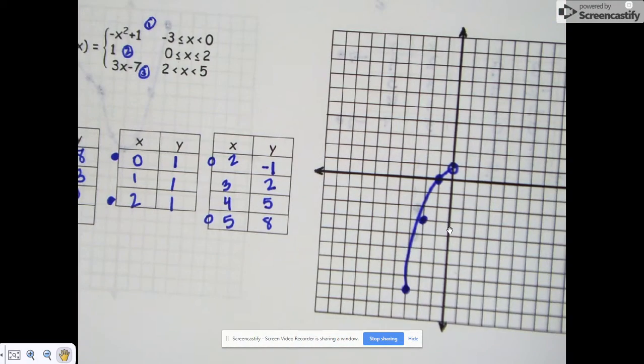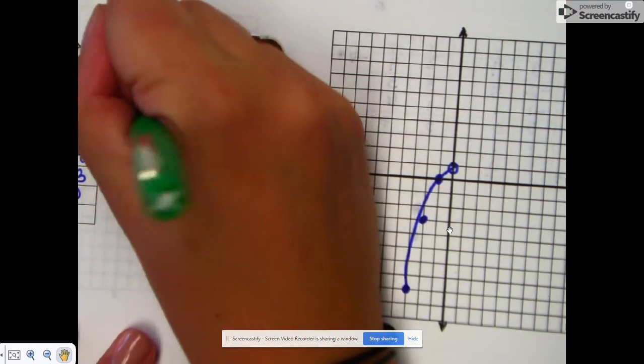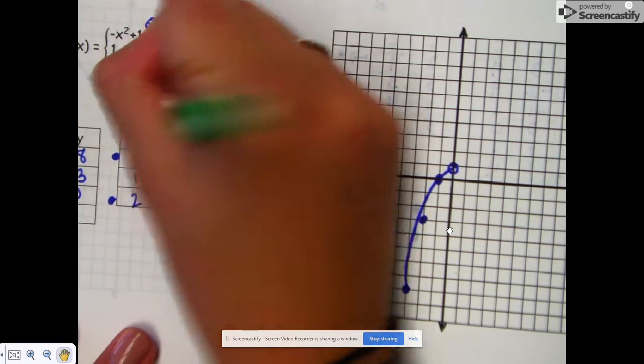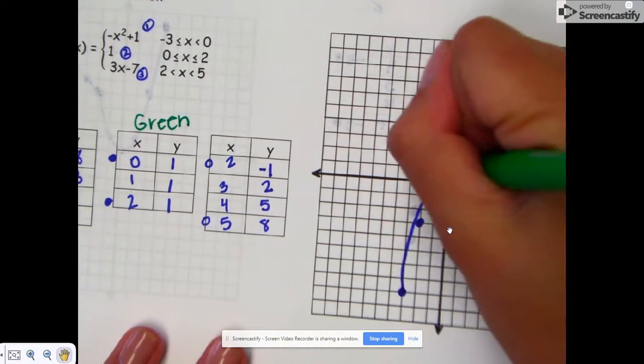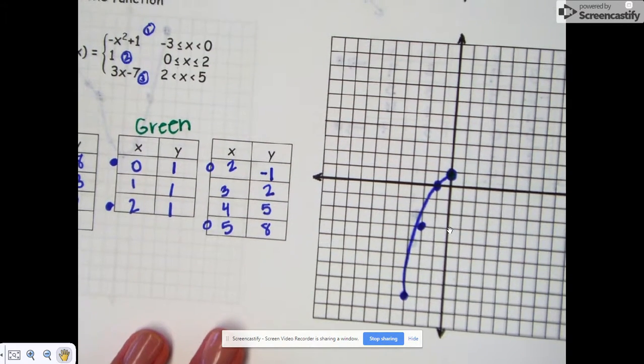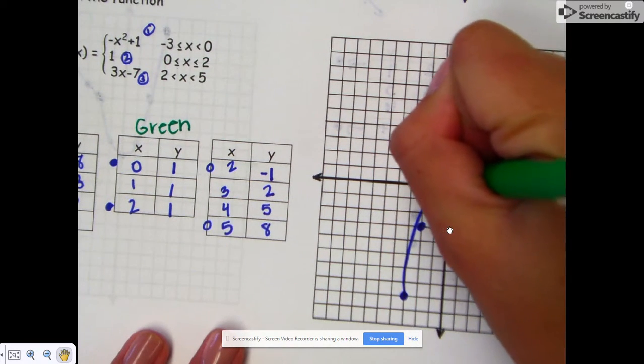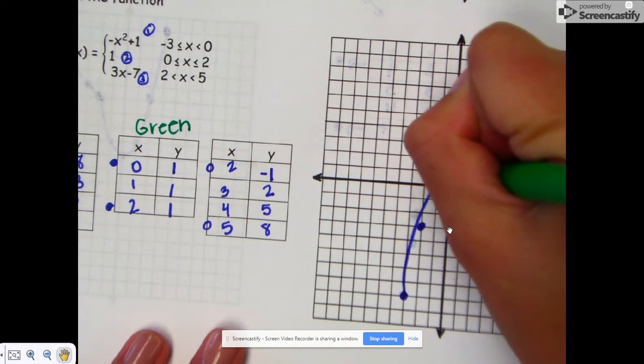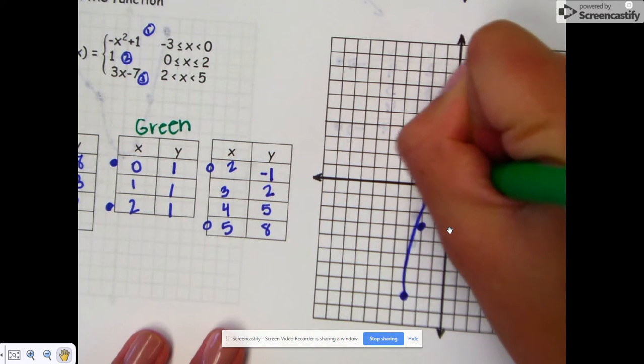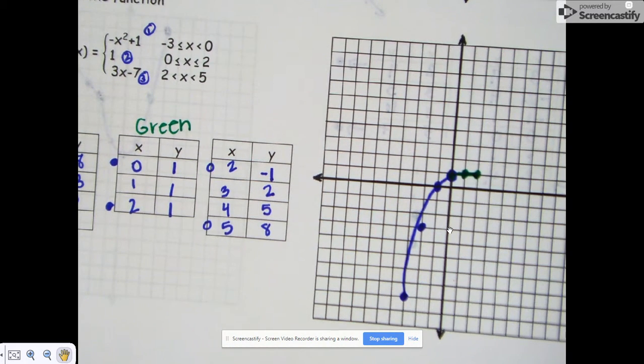No pun intended. All right, and then for this middle part, I'm going to do it in green. Both of the endpoints are closed here. So 0, 1, that's going to fill in that point there. 1, 1 is here, and 2, 1 is here. So that gives me that horizontal line in the middle. Now I'm going to switch and do this one in pink.